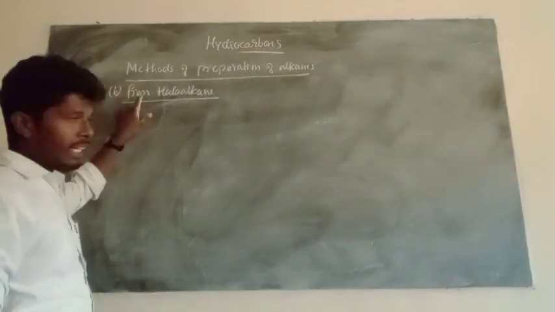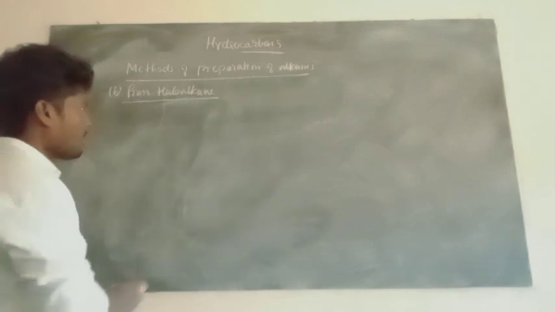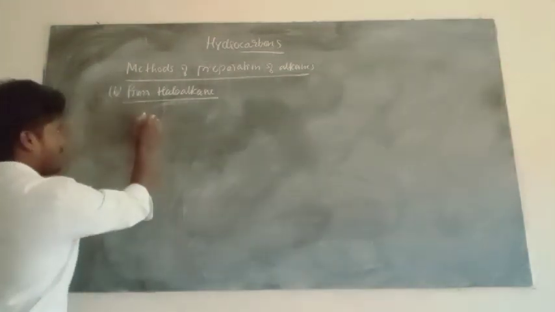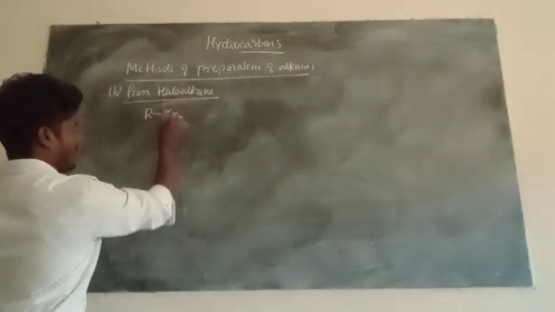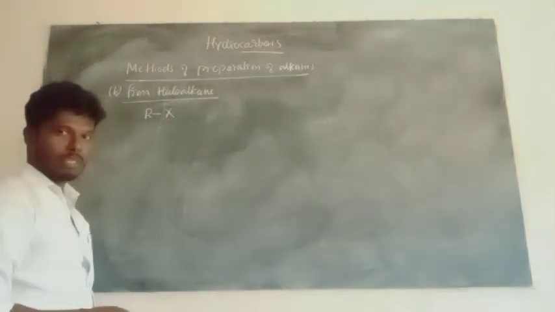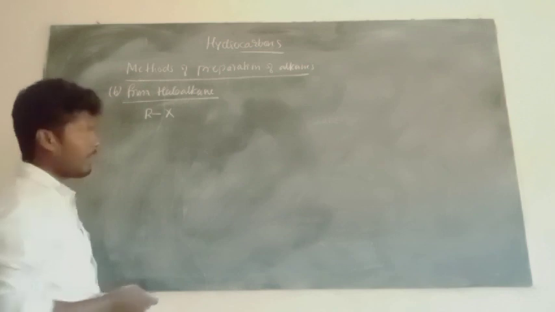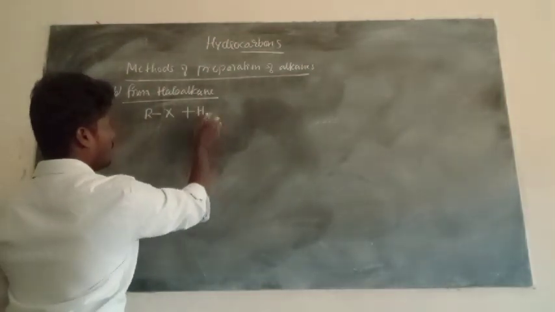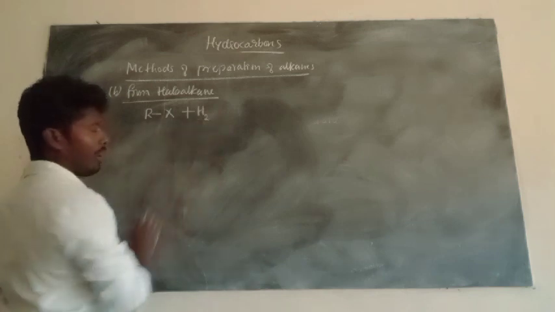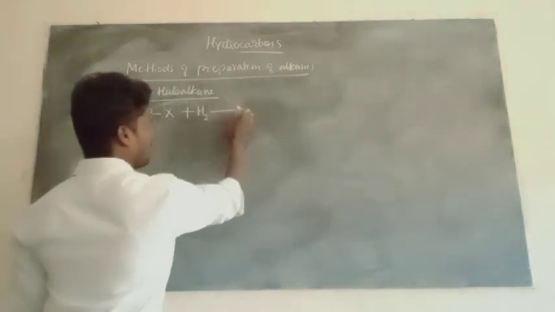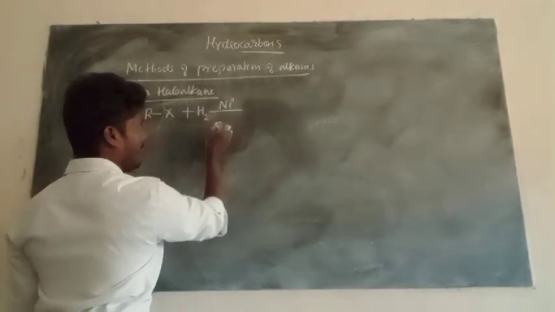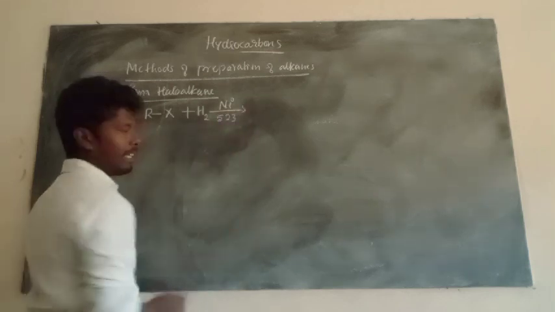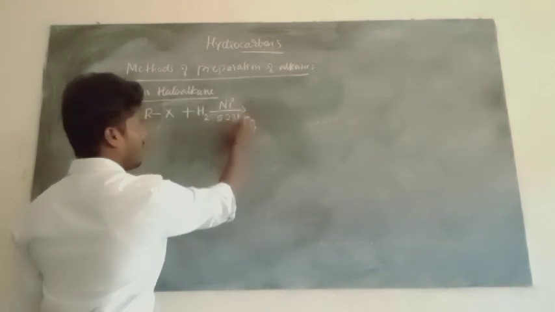Now take the second method, from haloalkanes. Haloalkanes are nothing but alkyl halides. The general formula is R-X, where X is a halogen and R is any group other than hydrogen. Haloalkanes are treated with hydrogen in presence of nickel catalyst at a temperature of 523 Kelvin.